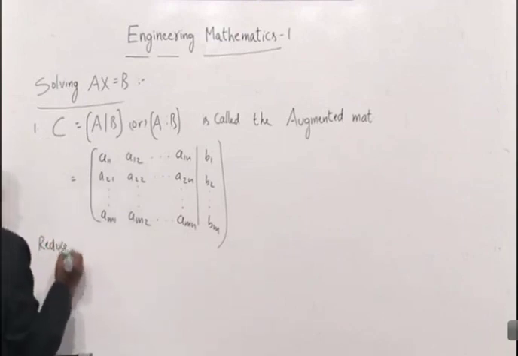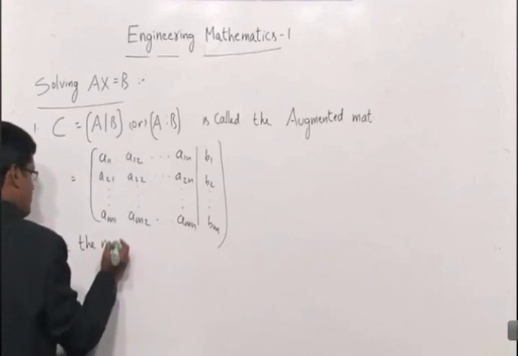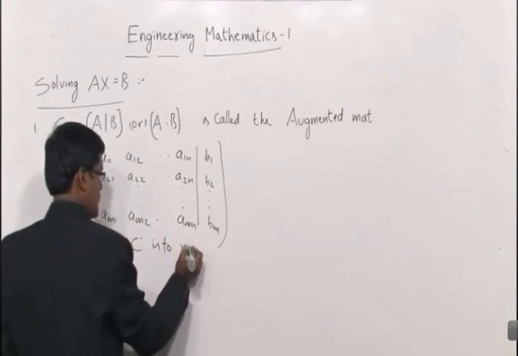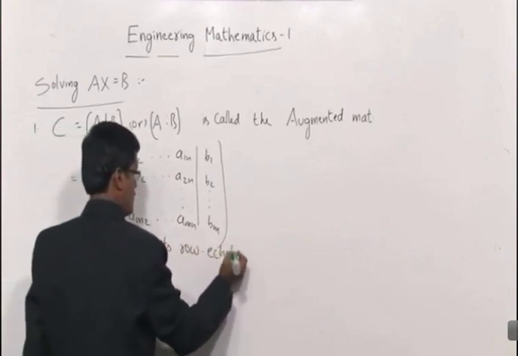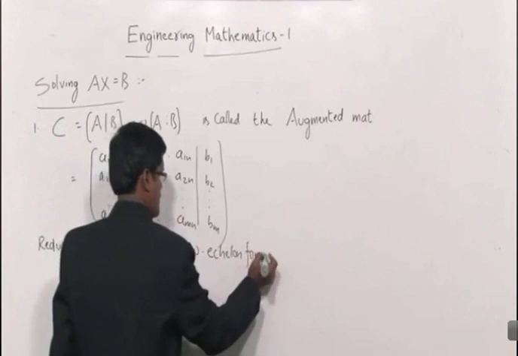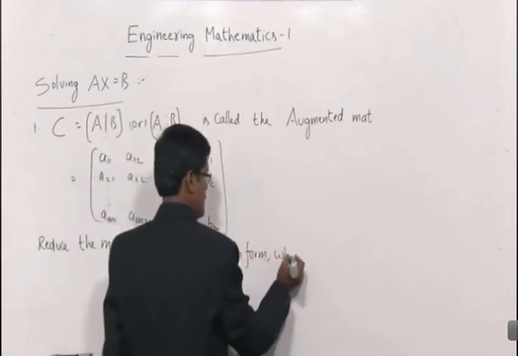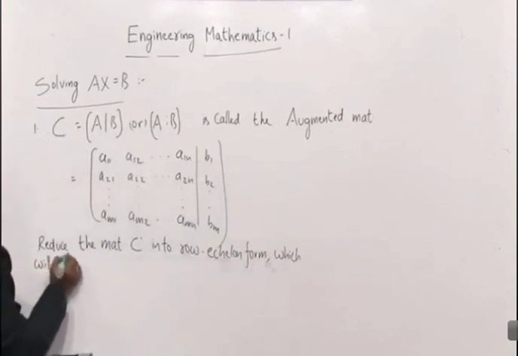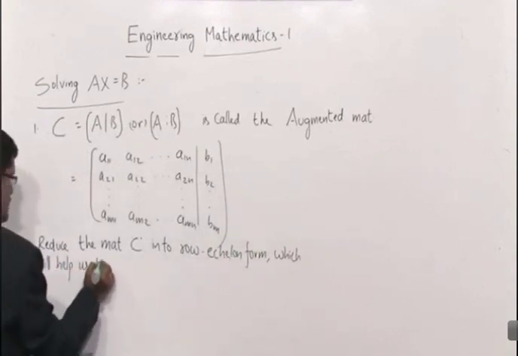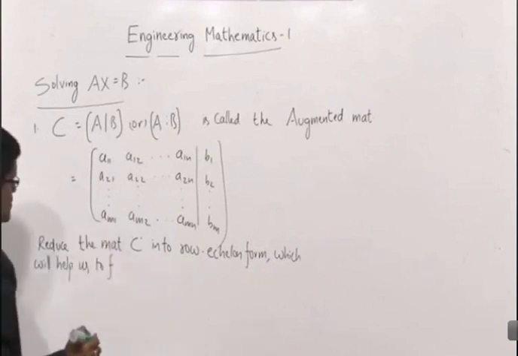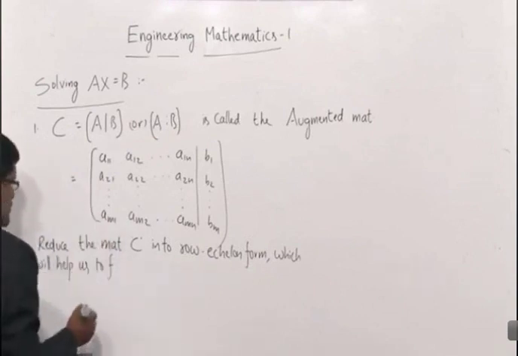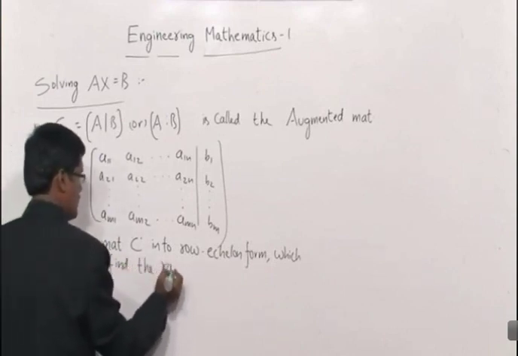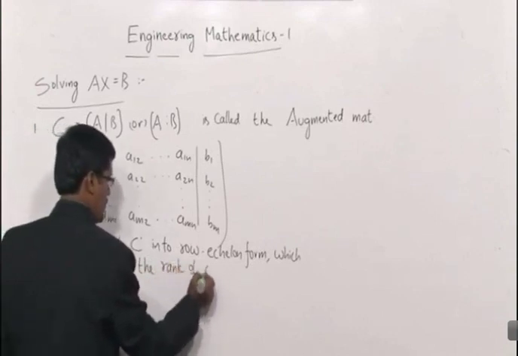Reduce the matrix C into row echelon form, which will help us. Okay, first let me complete all the steps, then I will come back again one by one step to explain. Okay, this will help us to find the rank of A.